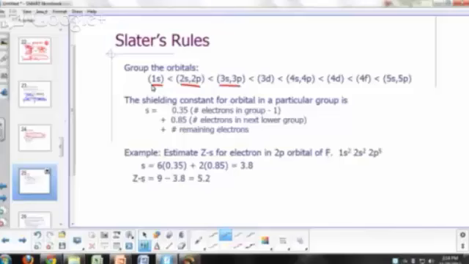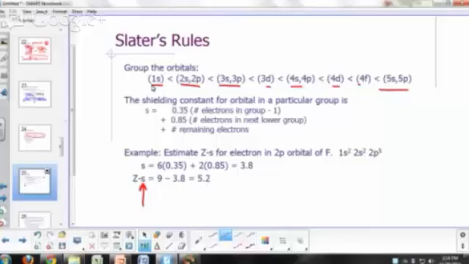And for the zeta for each of these groups of orbitals, there's an empirical rule that you can use to determine the shielding constant. Okay, so shielding constant is what you subtract from the nuclear charge to get essentially the effective nuclear charge.